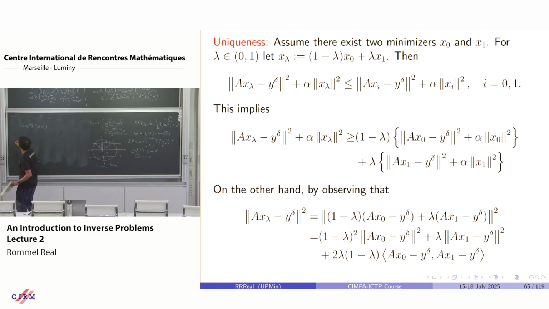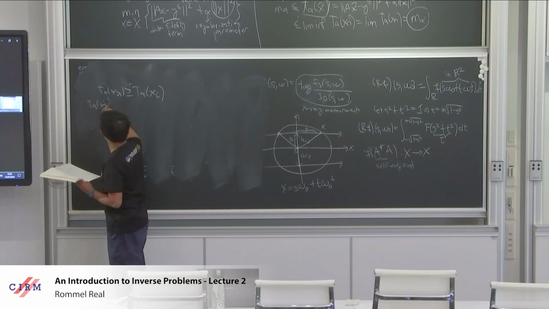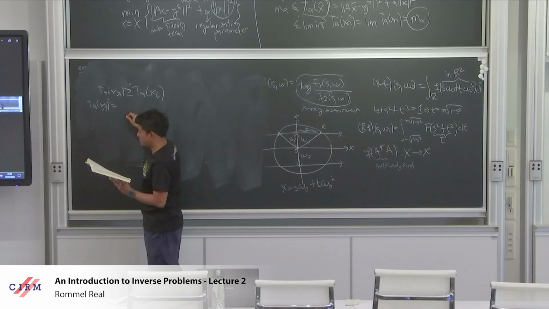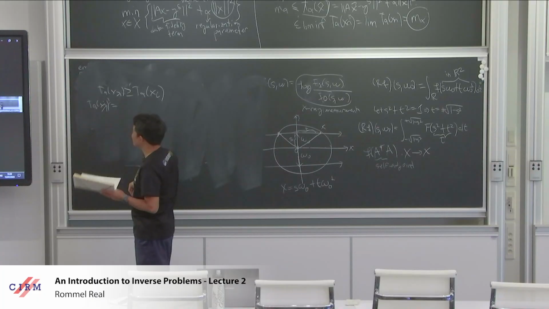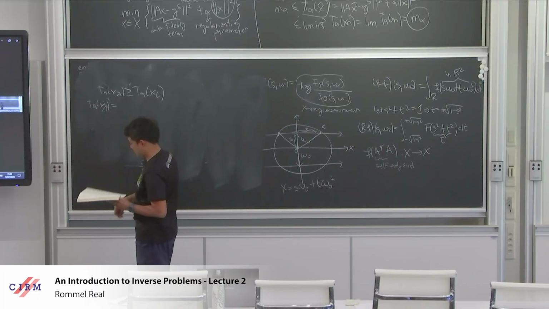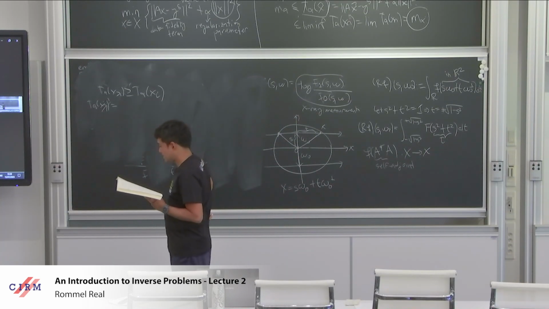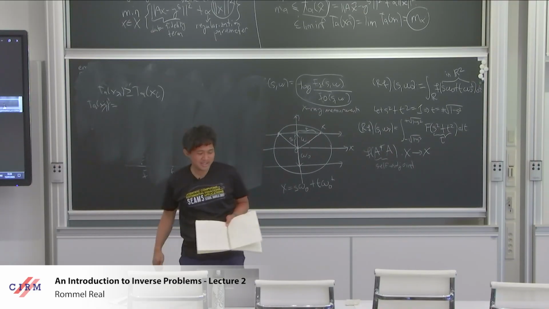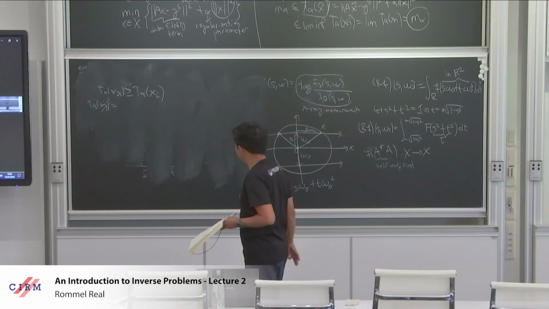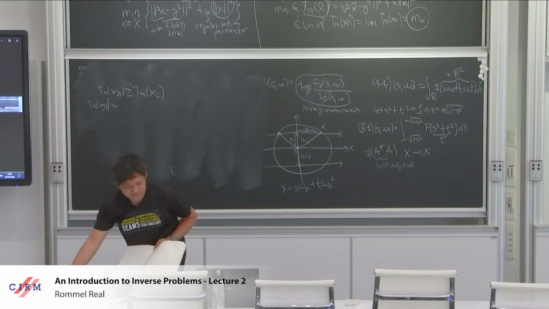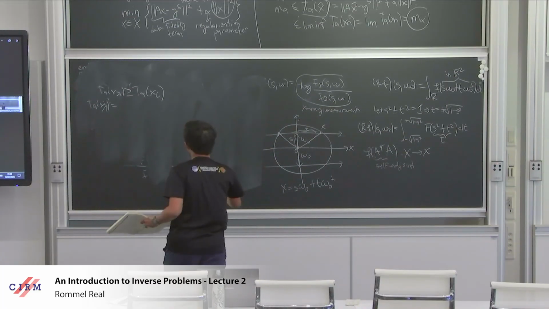If you have T sub alpha of x lambda, and that's equal to, of course, by definition of x lambda there, then you will simply get this one.